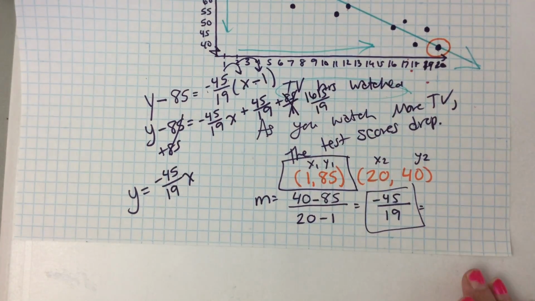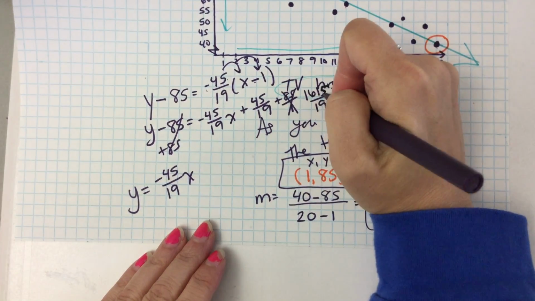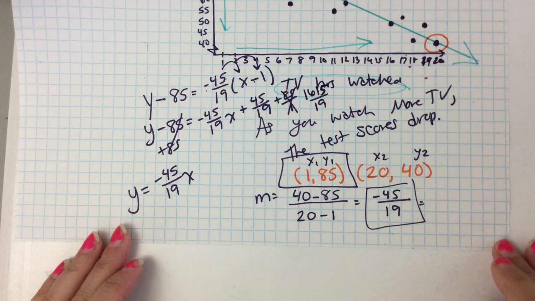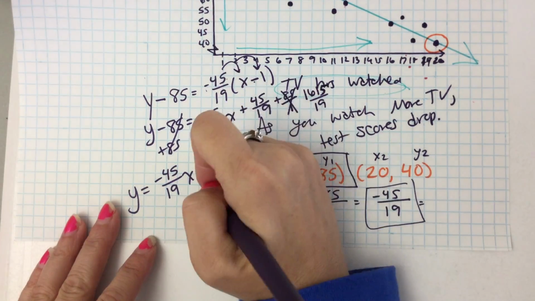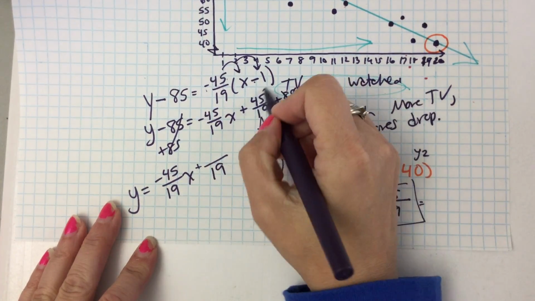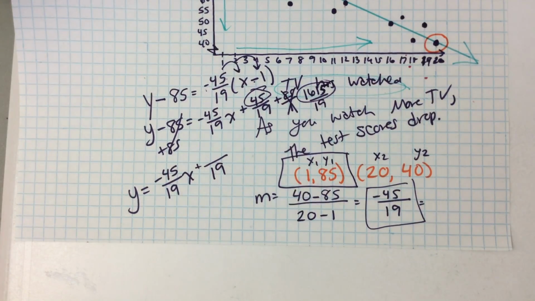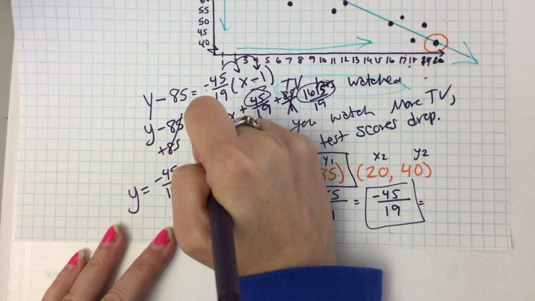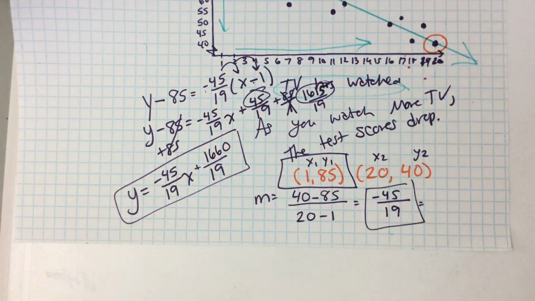Okay, so in a way, you created your own poison. I gave myself 1,615 over 19 when I had to add that 85. My common denominator is a 19. Top numbers, you add them. So 45 plus 1,615, I have 1,660 over 19.